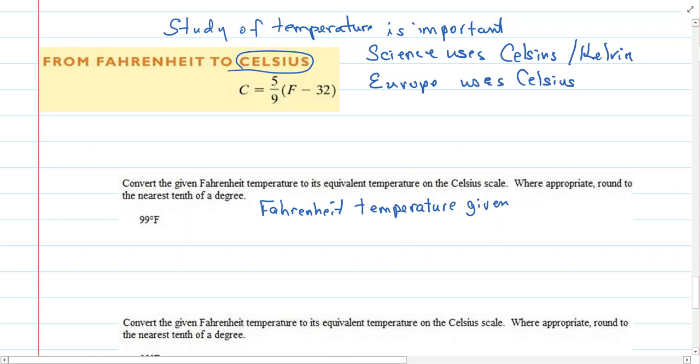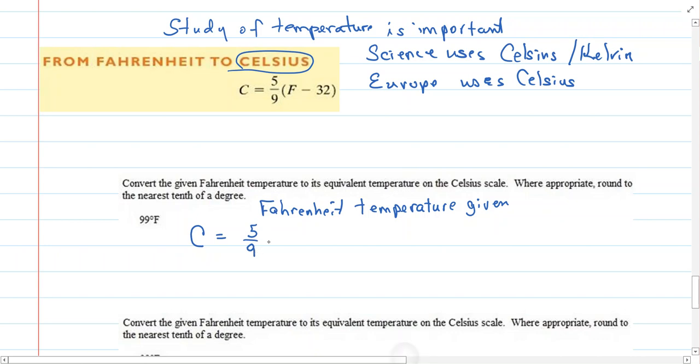So here we go. If we're looking for Celsius and we have 99 degrees, which is very familiar to Texans, and we want to measure it in Celsius, should we go to European countries, we would know how hot it was intended to be.